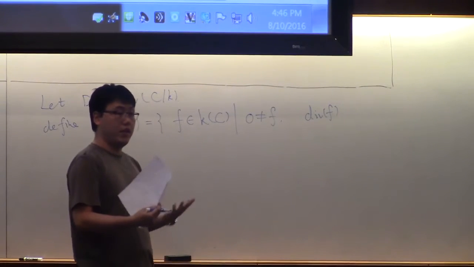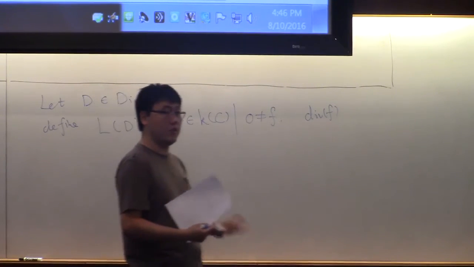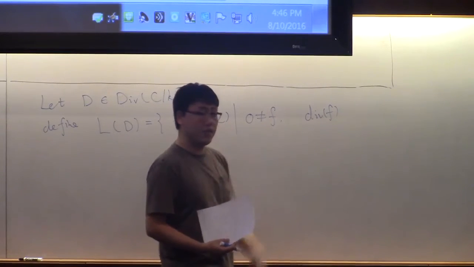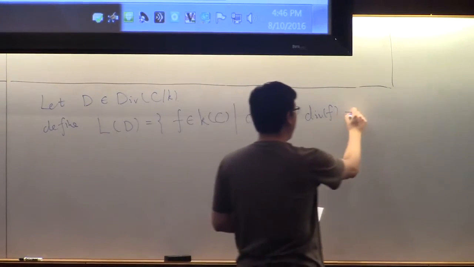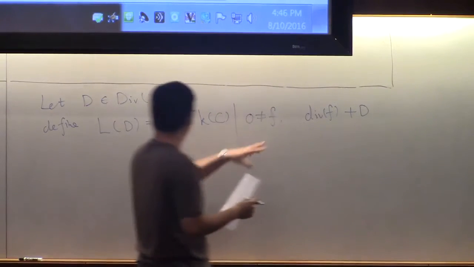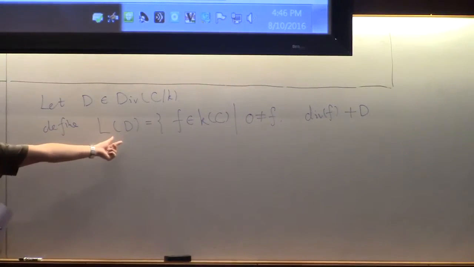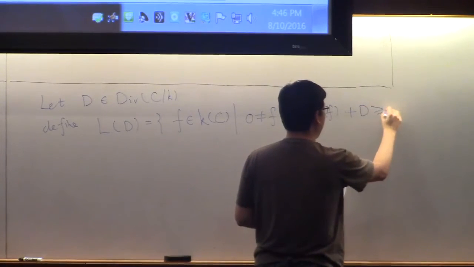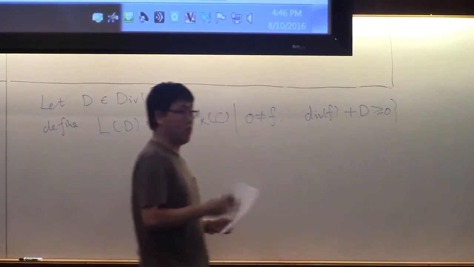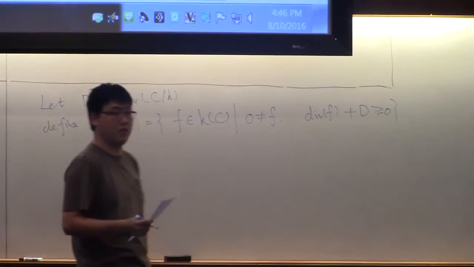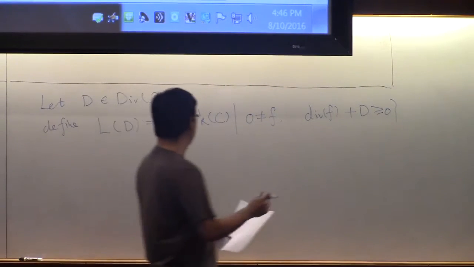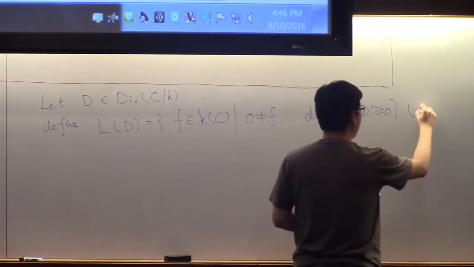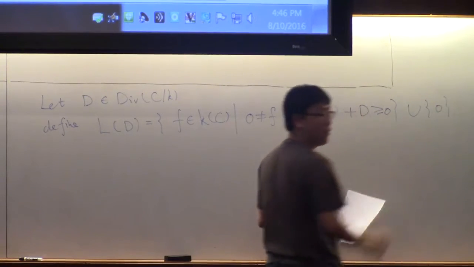The coefficients are the multiplicities of the zeros or the poles. You get such a principal divisor, and you add this principal divisor to the divisor you fixed at the beginning. You require that this is bigger or equal to 0, or in other words, this sum should be an effective divisor. Okay? And then we take the union with the zero function.